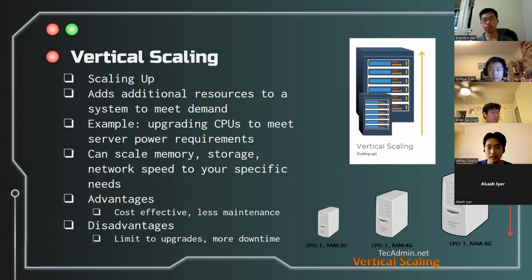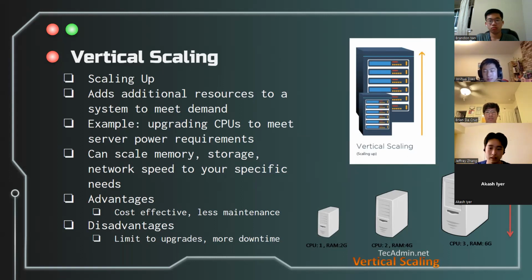The advantage of this is that you still have one machine. It's easy to control. You can just make a command to the machine and the machine will make a command back to you. Upgrading this machine is also quite easy. You just replace the machine with a more advanced version. It can also scale in memory, in storage, and in network speed to meet your specific need.